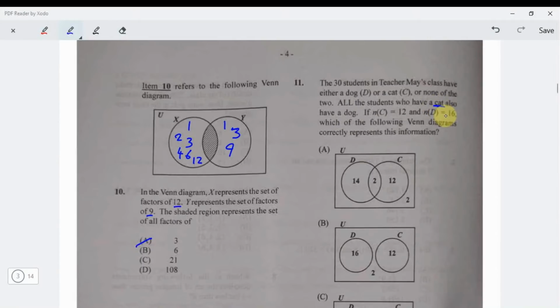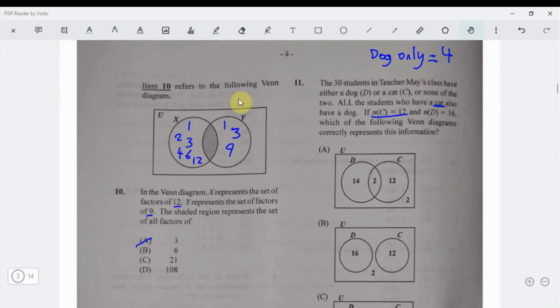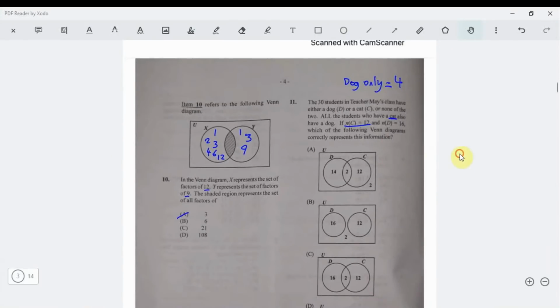So what that means is the 12 persons that have a cat, the 12 of those persons have a dog. So that means we're only going to have four persons that have dog only. So dog only is going to be equal to 4, right? There's no cats only, right? Dogs only is 4. So which of the following Venn diagrams correctly represents this information?